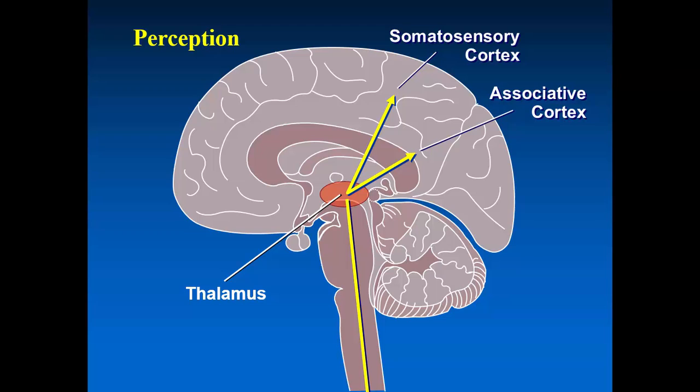So this can trigger memories of pain before, can trigger reactions to pain. The associative cortex will bring in other reactions as well, to the limbic system, which explains why there's such an emotional component to pain, and throughout the cortex.